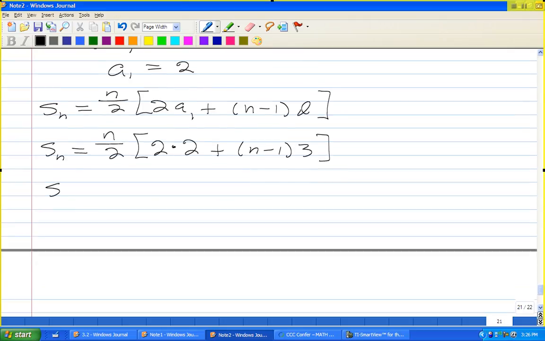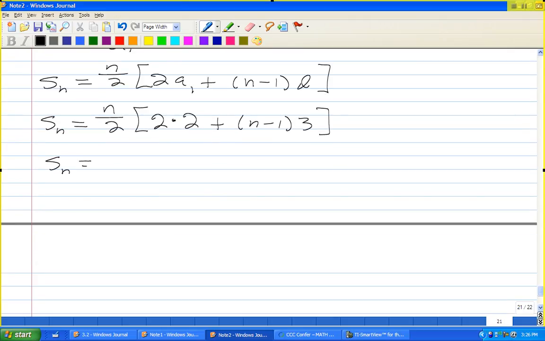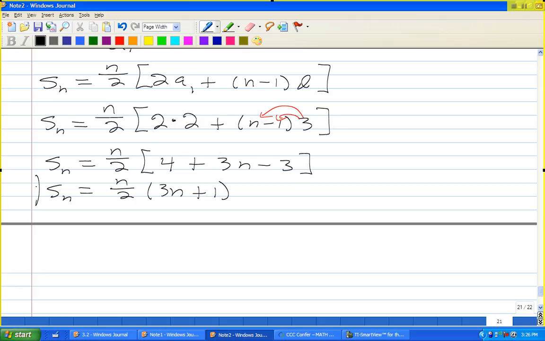So S sub n is equal to n over 2, 4 plus, let me multiply 3 inside the parentheses, 3n minus 3. And so I get that S sub n is equal to n over 2 times 3n plus 1. And that is the formula for the sum of the first n terms.